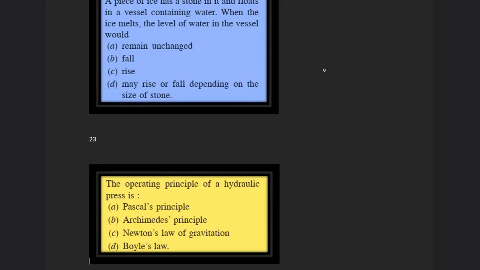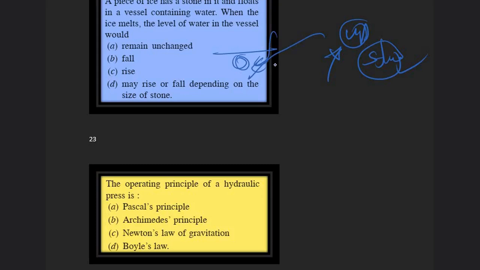Water actually gives an upthrust for the stone, and when the piece of ice melts, the stone will be inside the water, and the upthrust is not enough now, so the water will fall down, right?